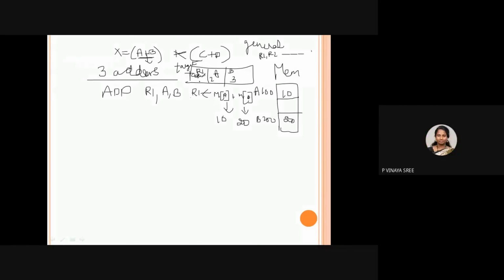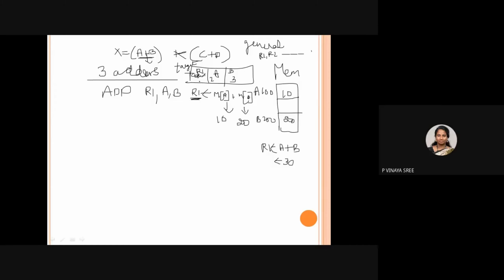Next, the result we are storing in R1. So in R1 we presently have the A plus B value, which is nothing but 30. Okay, so this is your first part.